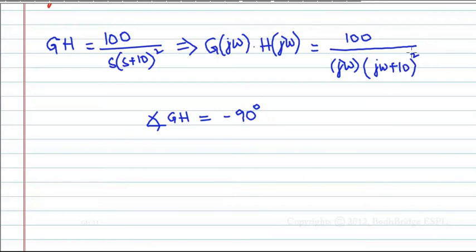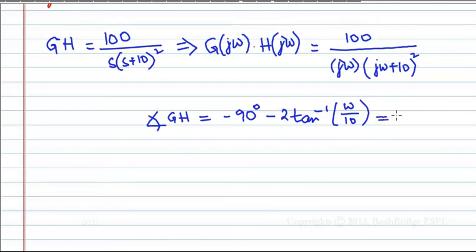Tan inverse omega by 10, whole square, meaning 2 times. Since it is in the denominator you will get minus 2 times tan inverse omega by 10. It is like a plus jb, then the angle is tan inverse b by a, imaginary part by real part. And 2 poles are there, therefore into 2.